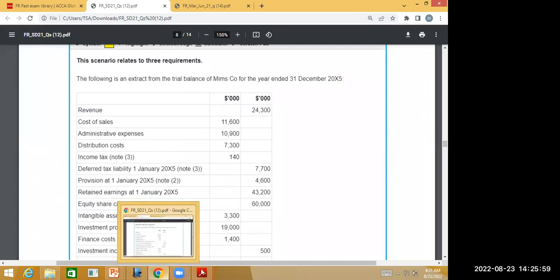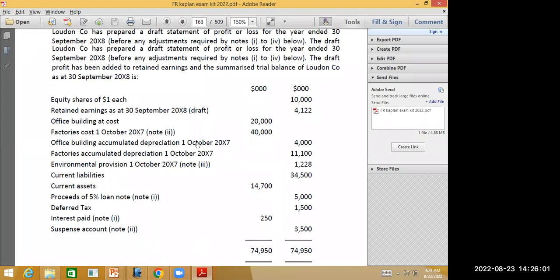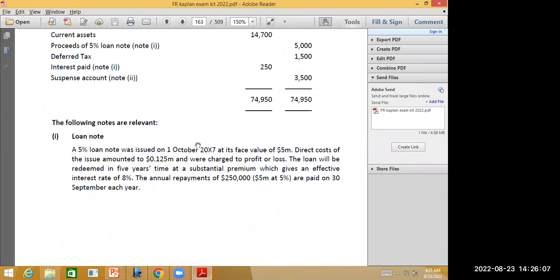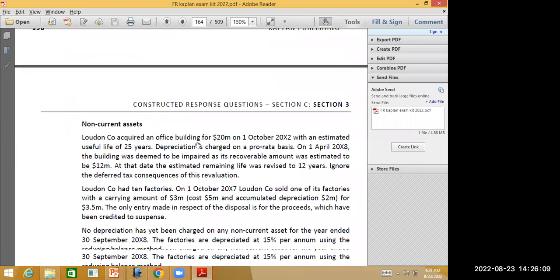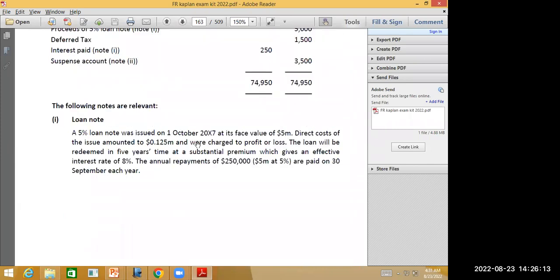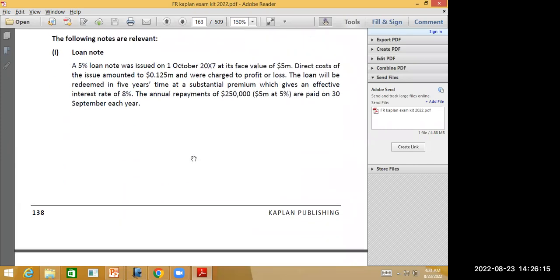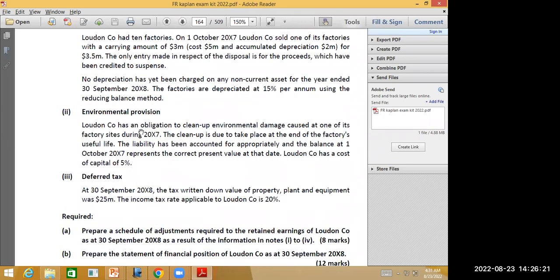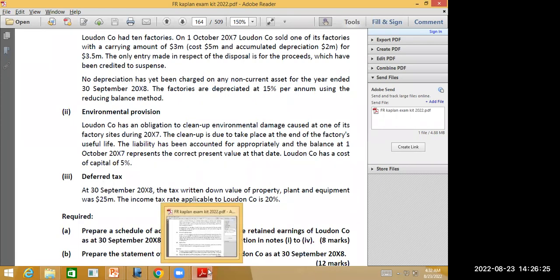Then we have a question, Loudon, that is for the March, June 21 past paper. This is the second question, in which the first adjustment is related to IS 32. Second adjustment is about the non-current assets. Third is about IS 37. And fourth one is about the deferred taxation.